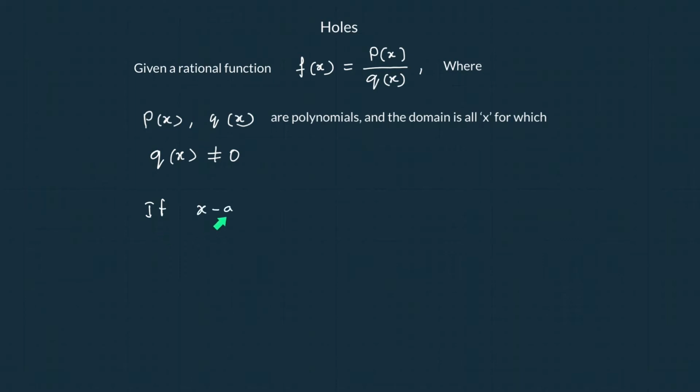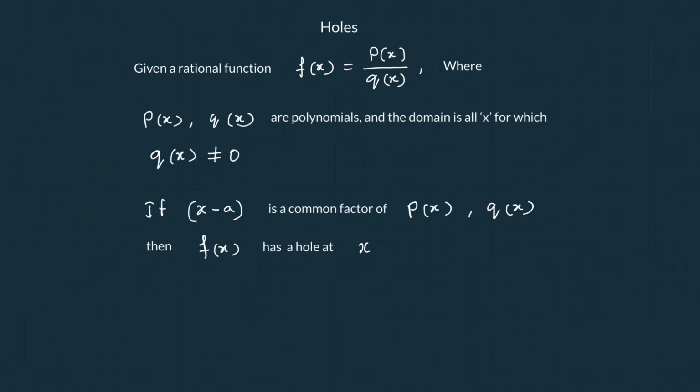If x minus a is a common factor of p of x and q of x, then the function f of x has a hole at x equals a.